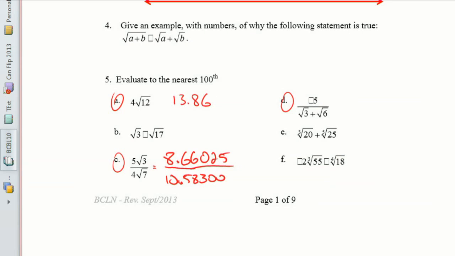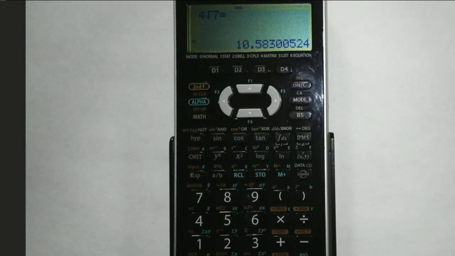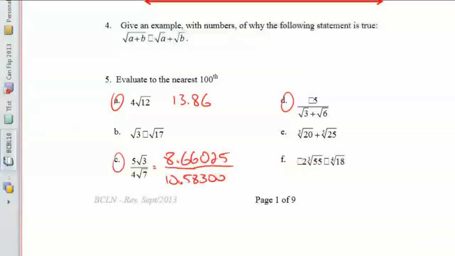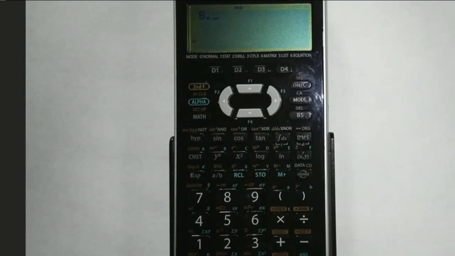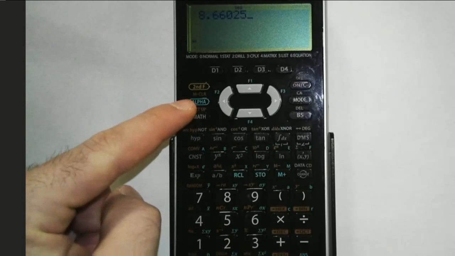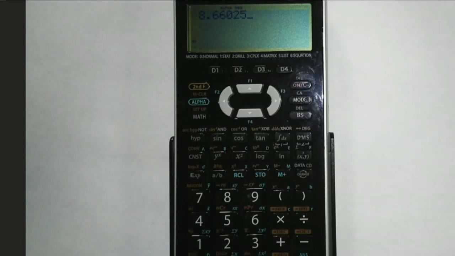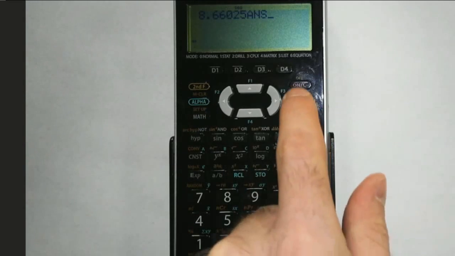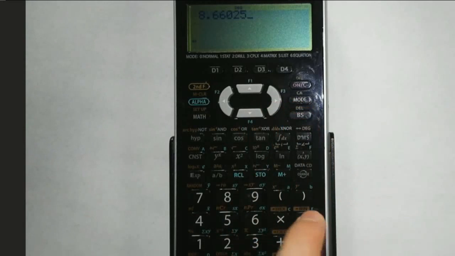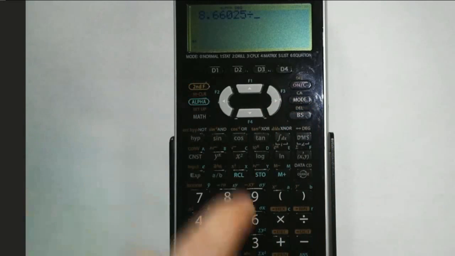And I was showing somebody this fancy little button I have on my calculator. What I can do is, if I go back here, I got this 8.66025. So I'm going to go 8.66025. And then my calculator has this second answer, and I can just divide it by whatever the last answer that came up in my calculator was.